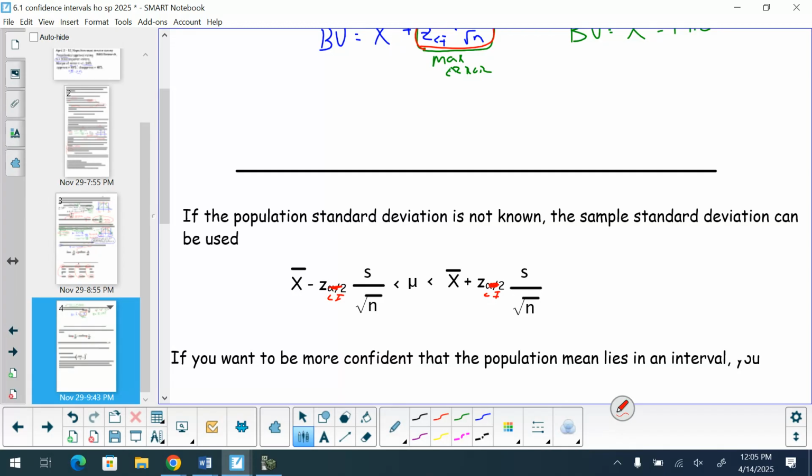So your sample standard deviation goes in for your population standard deviation here, and your boundary values for this confidence interval are your sample mean plus or minus your z-value for the confidence interval times standard deviation divided by square root of n.